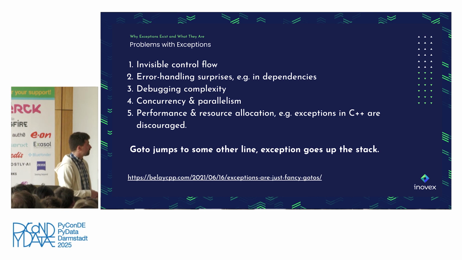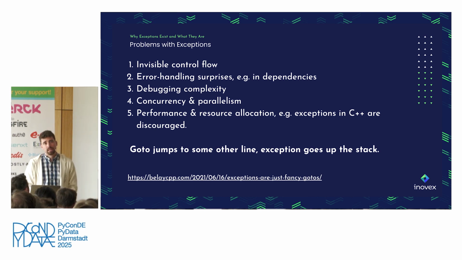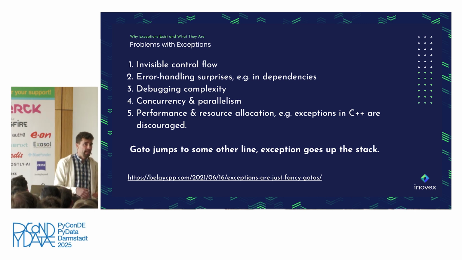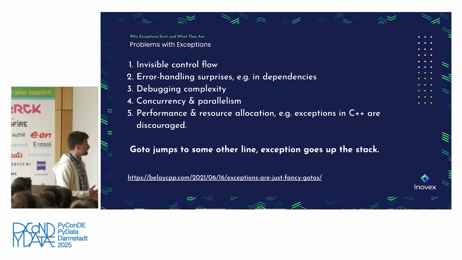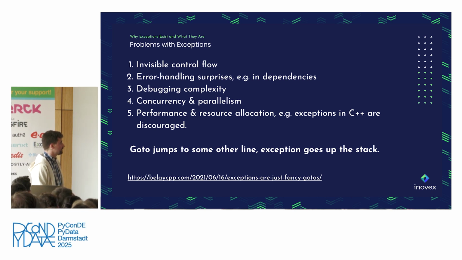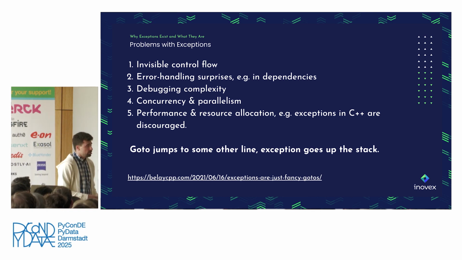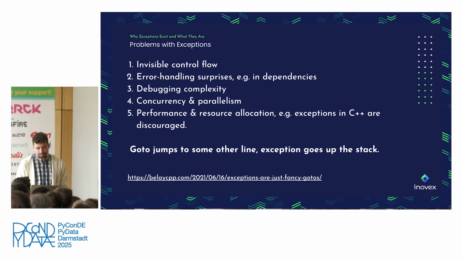For production code, it might be quite surprising if you use a lot of external dependencies and maybe you haven't checked the documentation, and at a certain point, there's an exception raised you might have never seen before, and then your program terminates. So it's really hard figuring out what kind of exceptions can be thrown if you're just using a library.